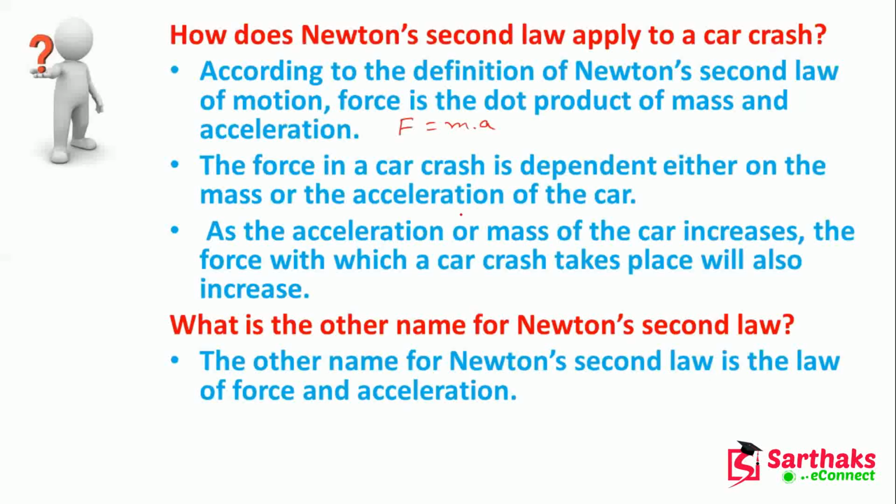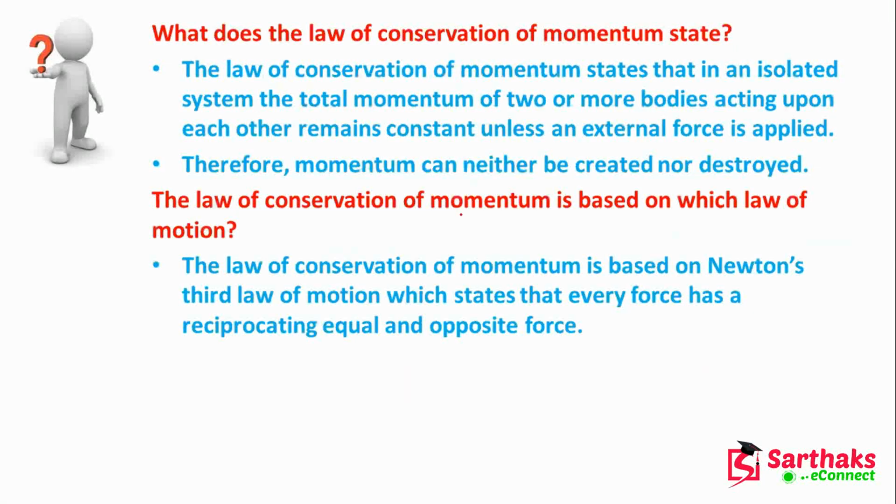Now, what is the other name of Newton's second law? The other name of Newton's second law is the law of force and acceleration. Now, what does the law of conservation of momentum state? Here you have to give the law of conservation of momentum statement.